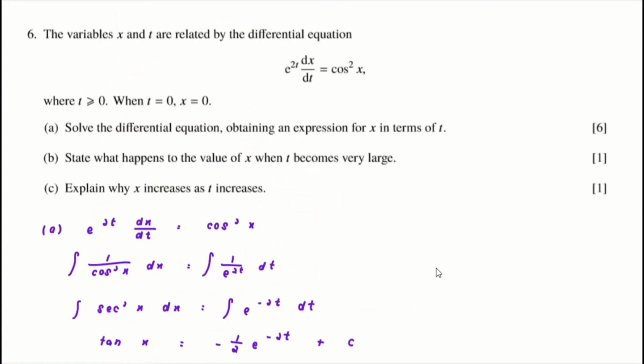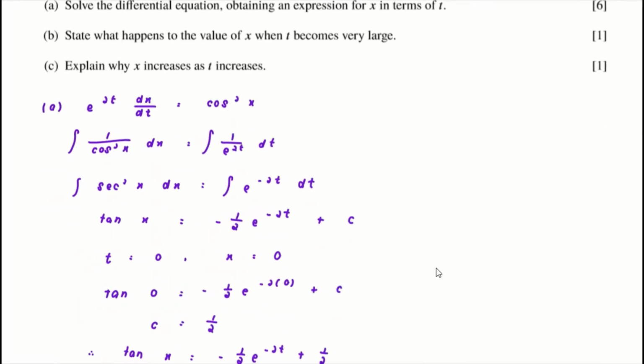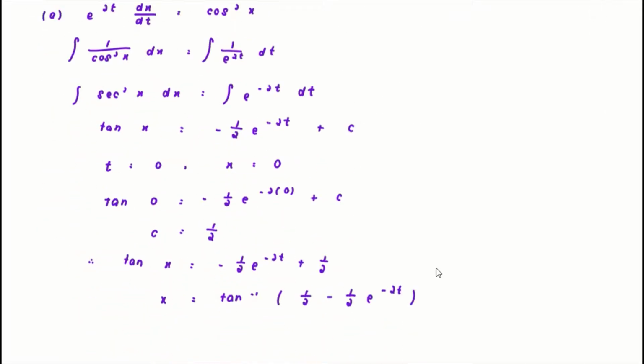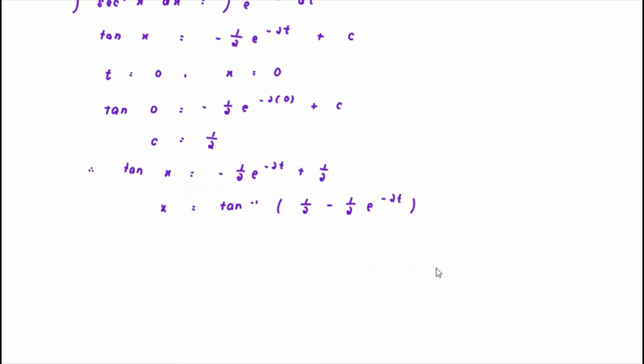Now for B, state what happens to the values of x when t becomes very large. Same thing: either you can use your calculator, increasing your t slowly, then check what happens to your x. The other alternative is to change this.